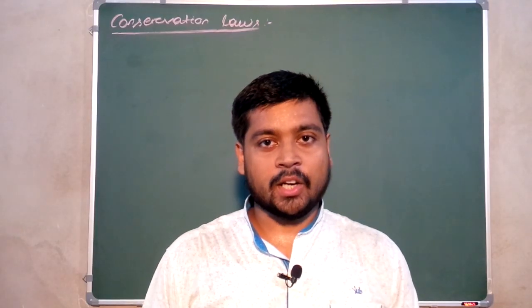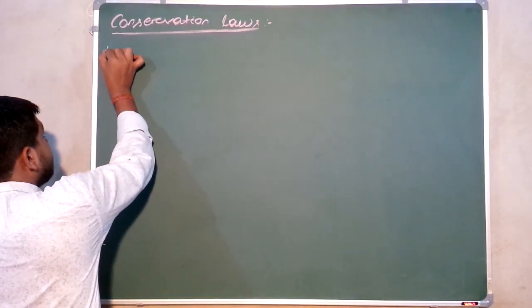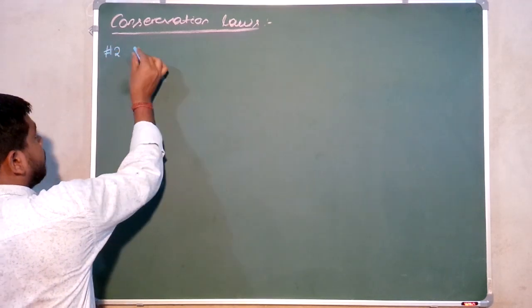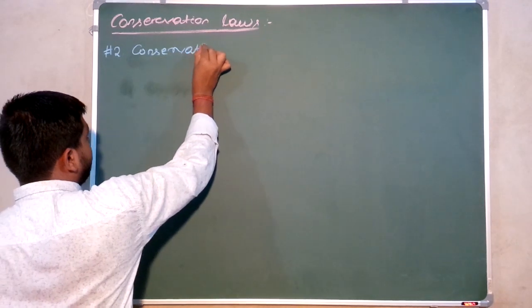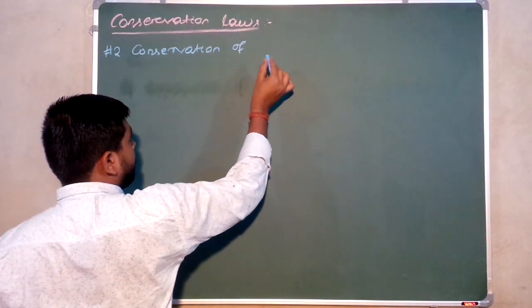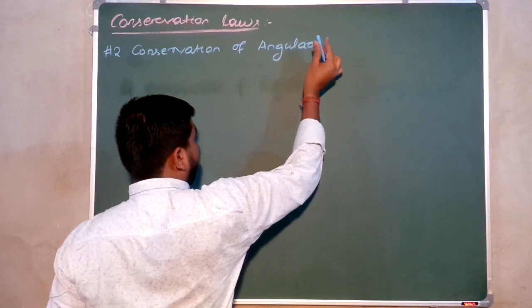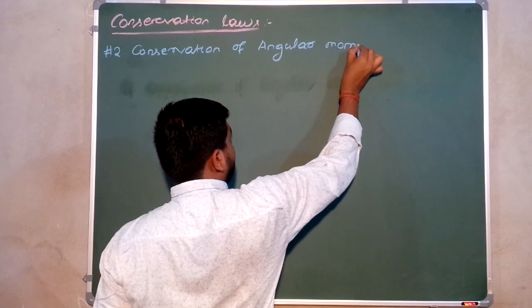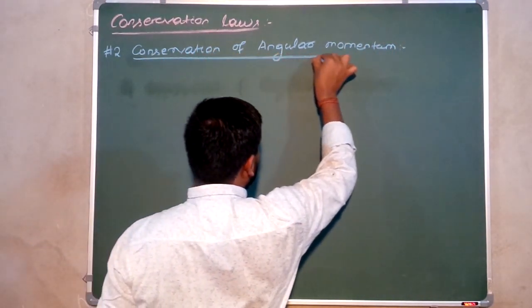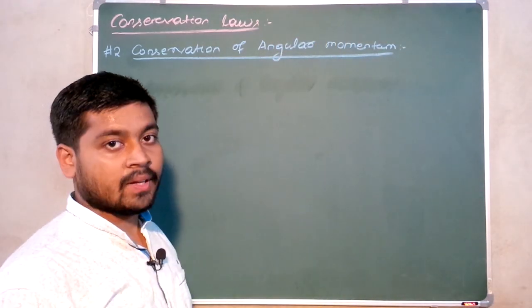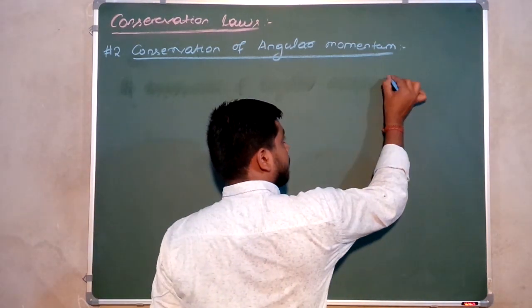The second conservation law is conservation of angular momentum. In conservation of angular momentum, we use the formula for tau.